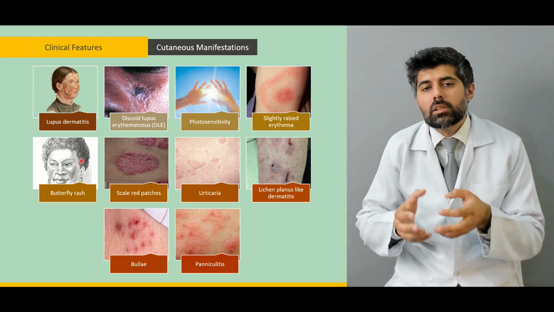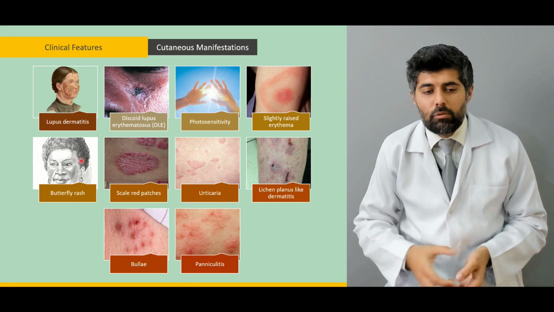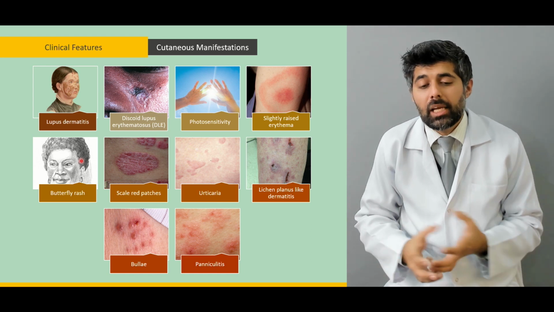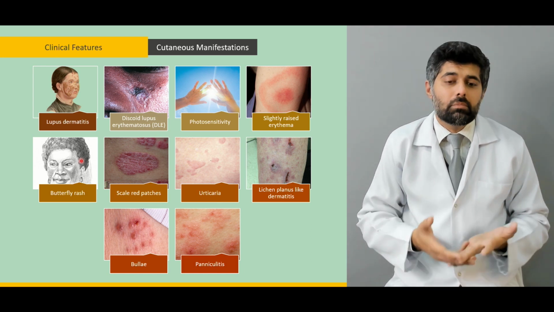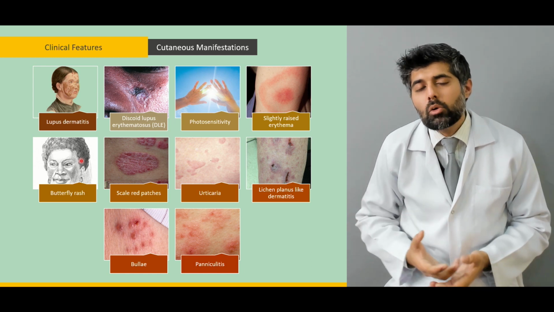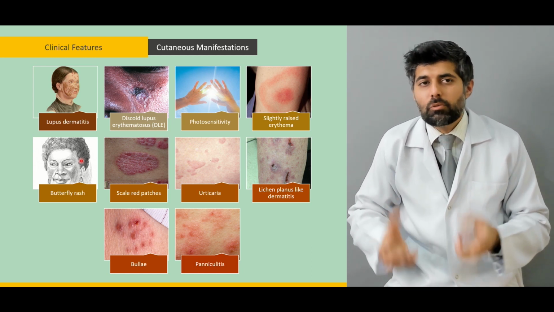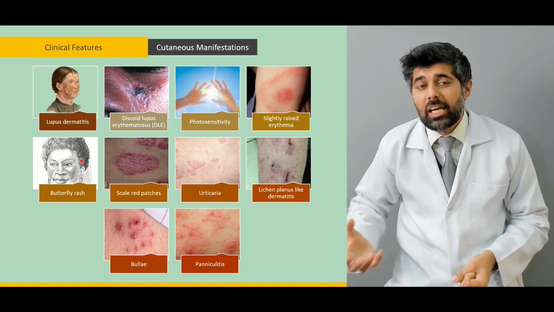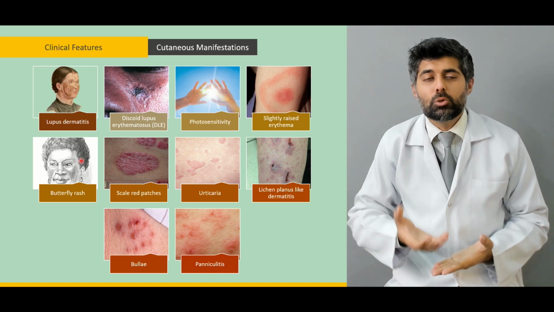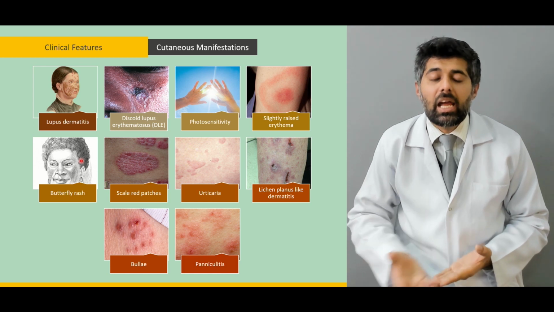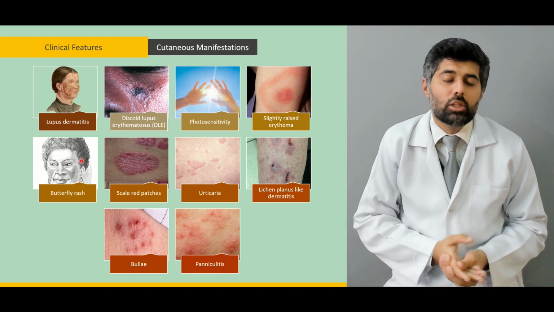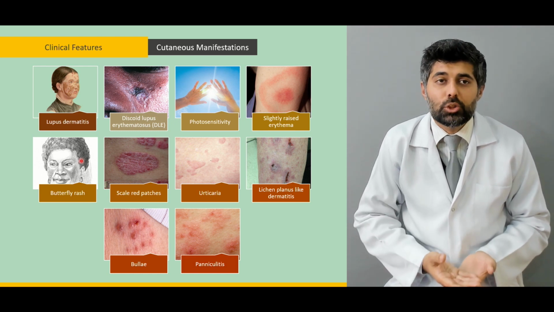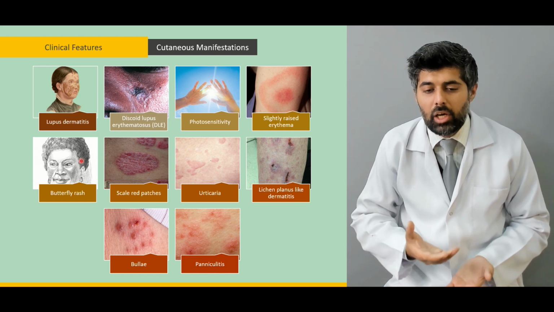Now, sometimes in the clinical presentation of SLE, we also see bullae, that is, blisters formed on the skin, and sometimes we also see panniculitis. Panniculitis is a term we use when the adipose tissue usually present underneath the skin has undergone inflammatory changes. So whenever there are inflammatory changes in the subdermal adipose tissue, it is termed panniculitis.